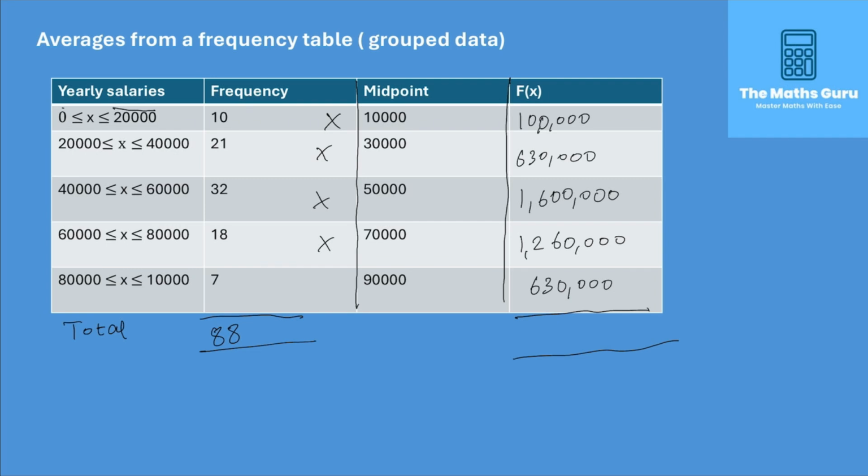We get 4.22 million. Then we conduct our mean equals sum of fx over sum of frequency.